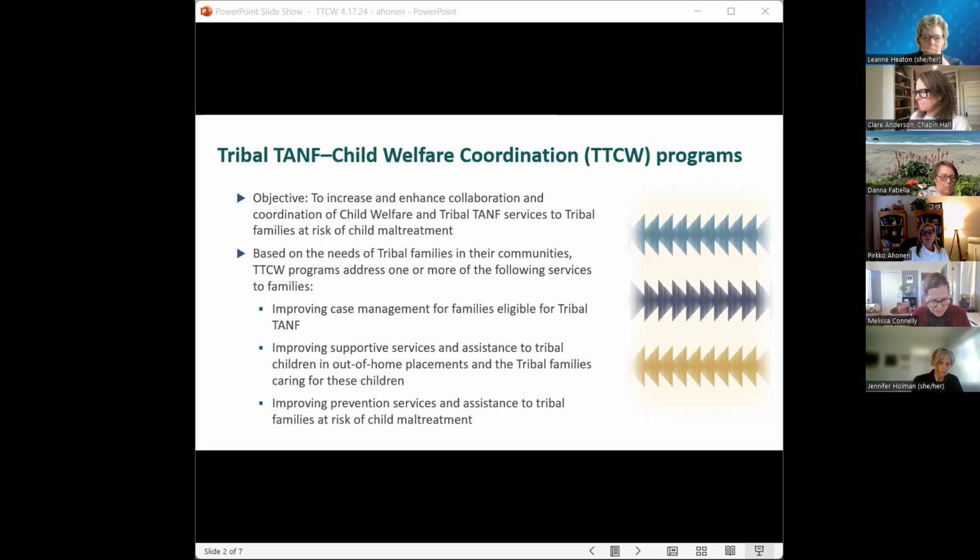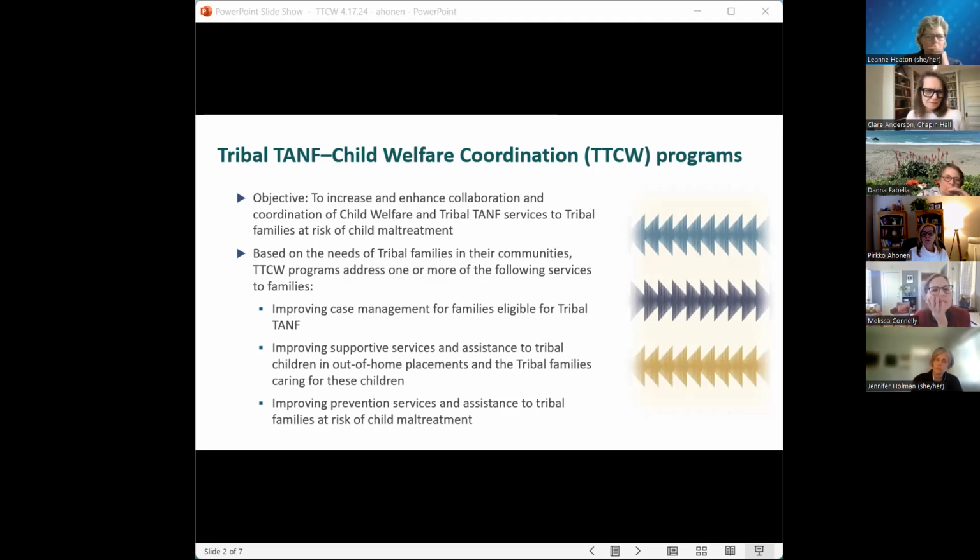The focus of these programs really is on collaboration and service coordination with an eye for system change, whereby the collaboration between the TANF and ICW programs hopefully gets institutionalized over time. The underlying premise, which I heard a little about in the previous presentation towards the end when I was able to join, is that families dealing with economic hardships, so families who qualify for TANF, tend to also be at risk for child welfare involvement.